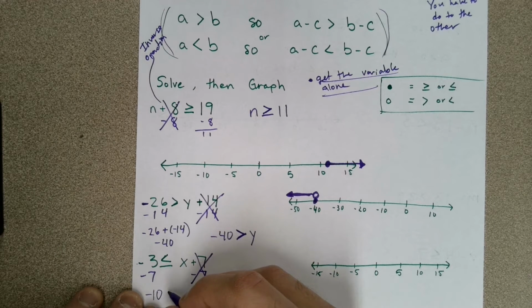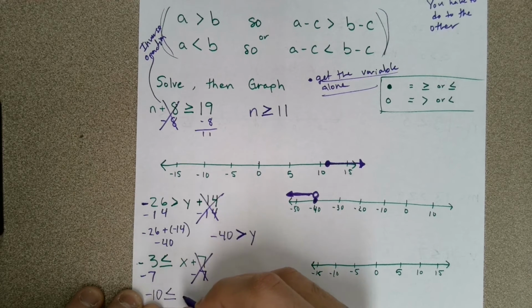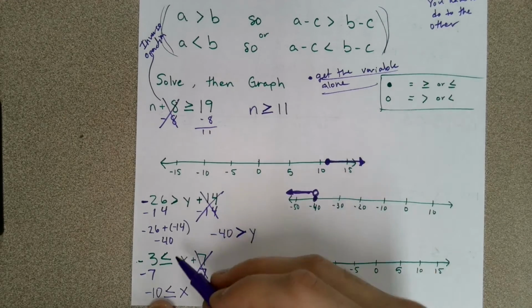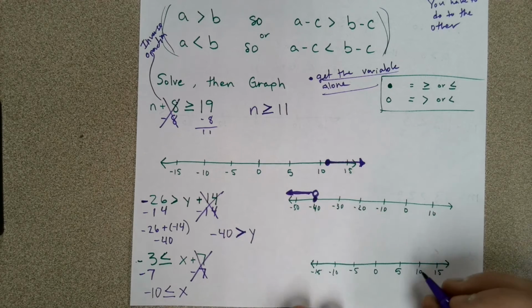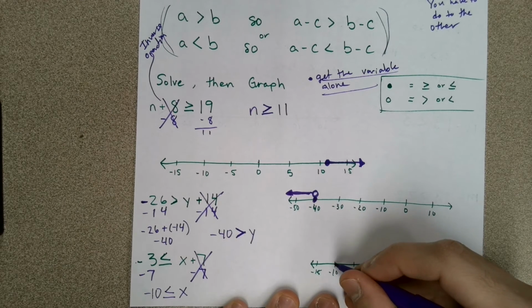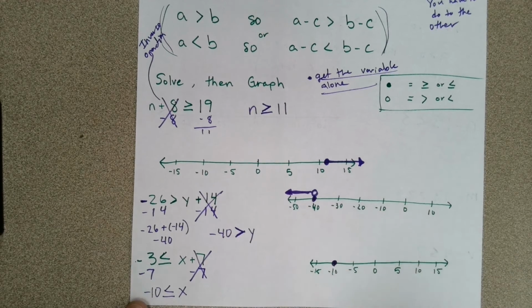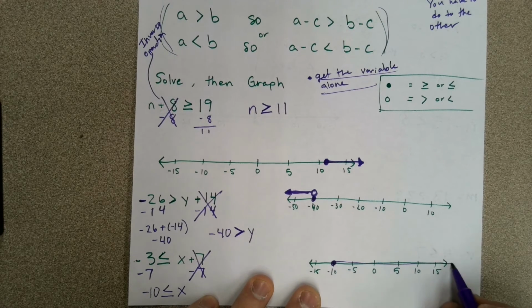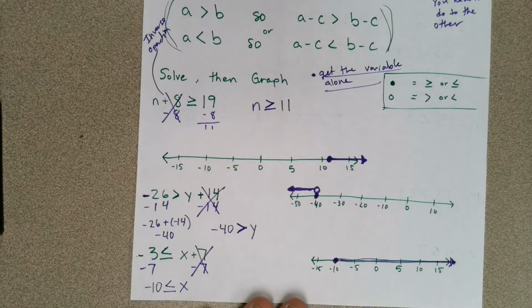So negative 10 is less than or equal to x. Mark on here, I'm going to do a filled in dot because we have less than or equal to at negative 10. Negative 10 is less than or equal to x. So if negative 10 is less than x, that means x is going to be larger. Our graph would go that way.